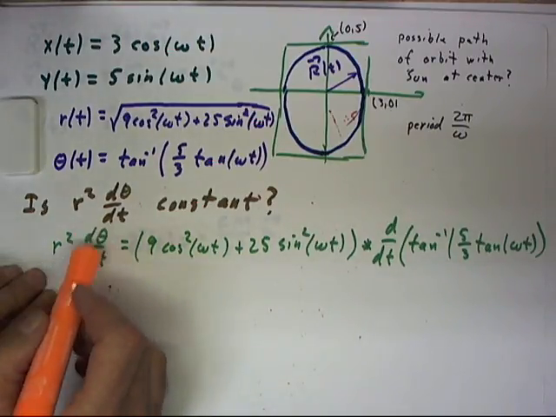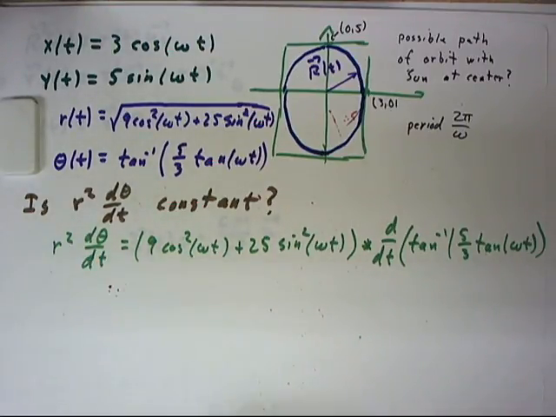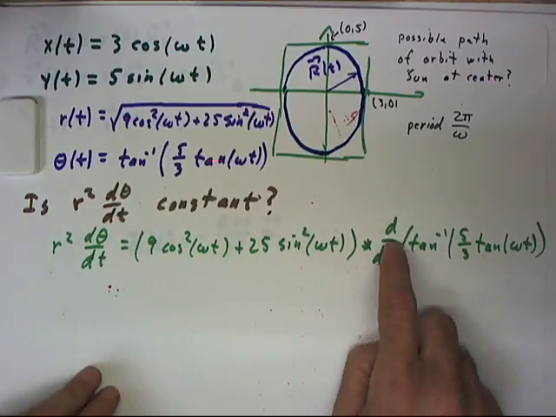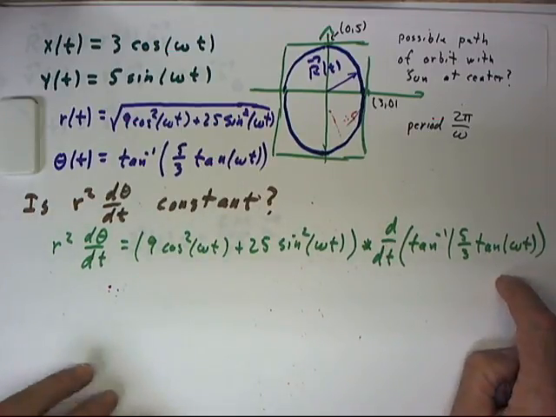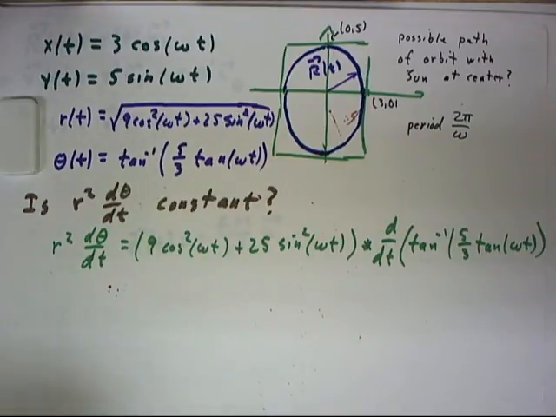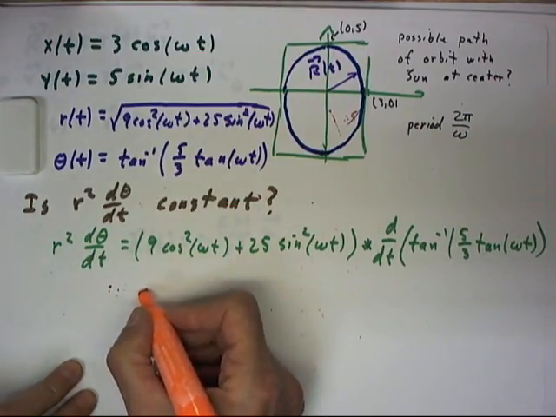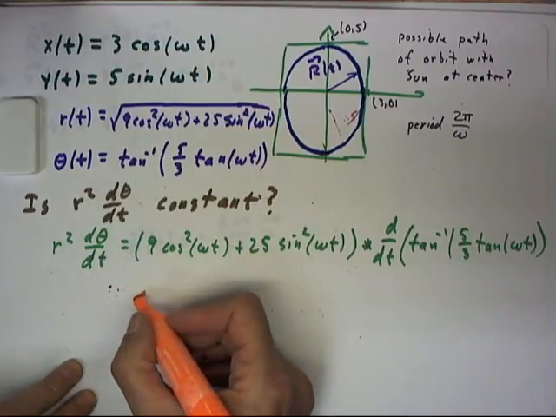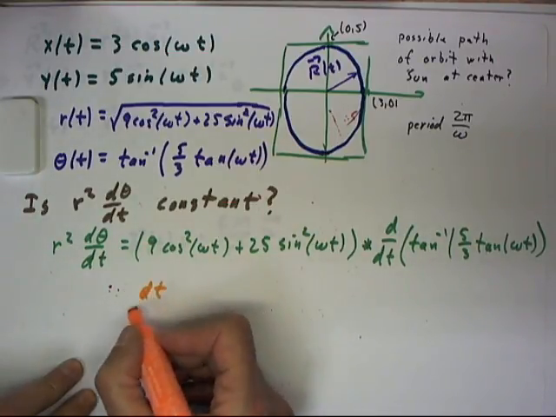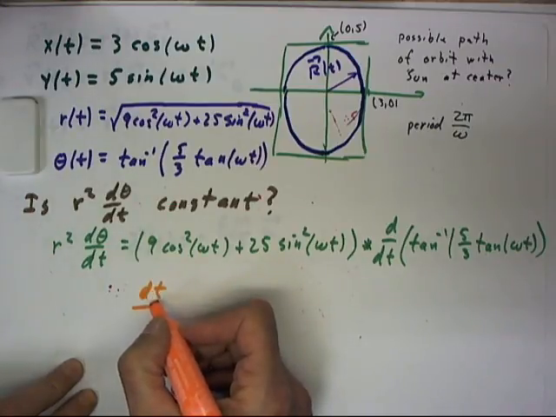Okay, so we have r squared d theta dt equals this expression. We're going to have to take the derivative of this mess. Well, let's see now. What's the derivative with respect to t of this arctangent? First of all, let's just write it down. Derivative with respect to t.